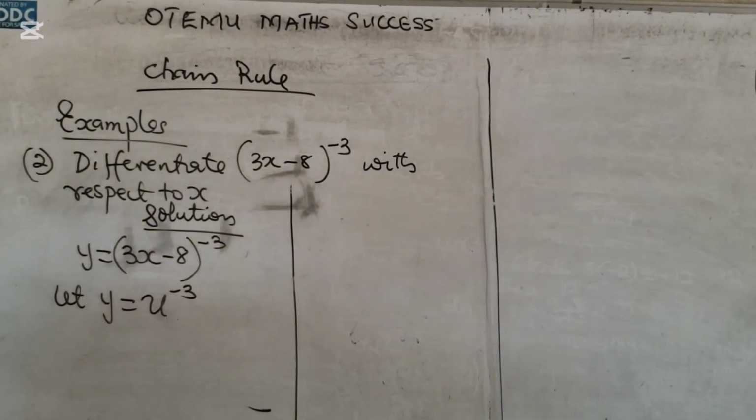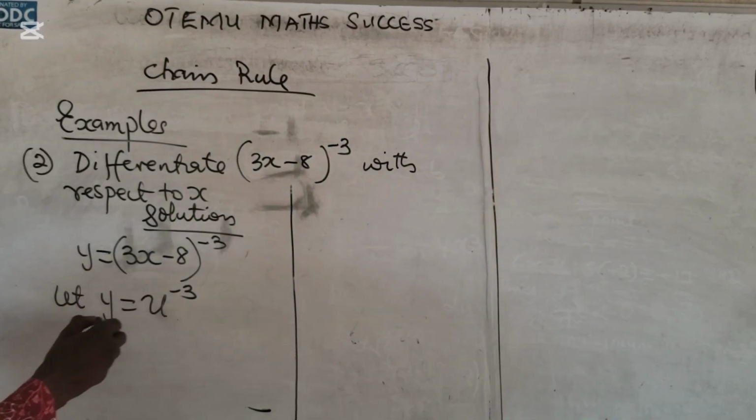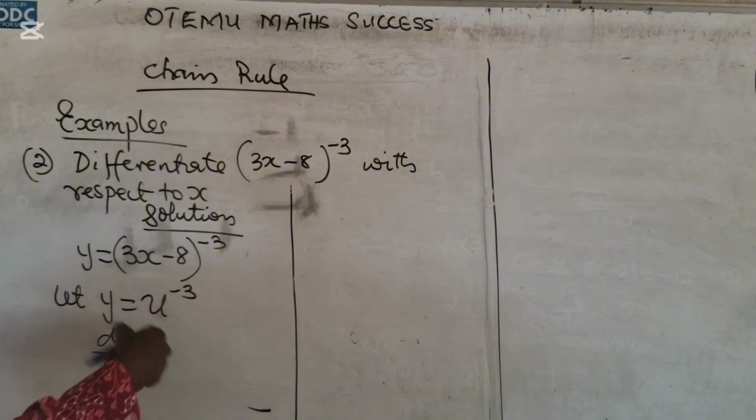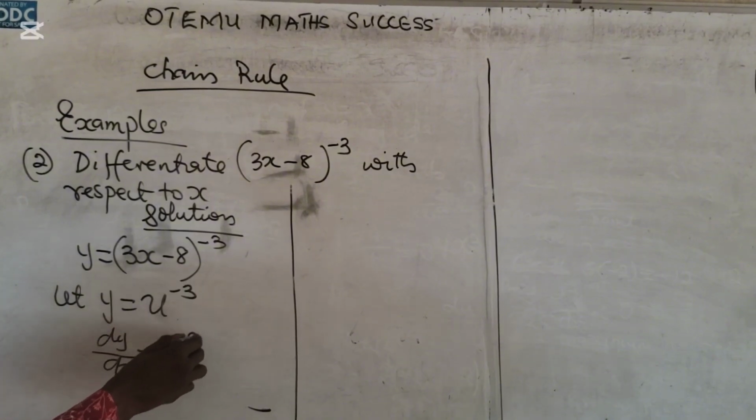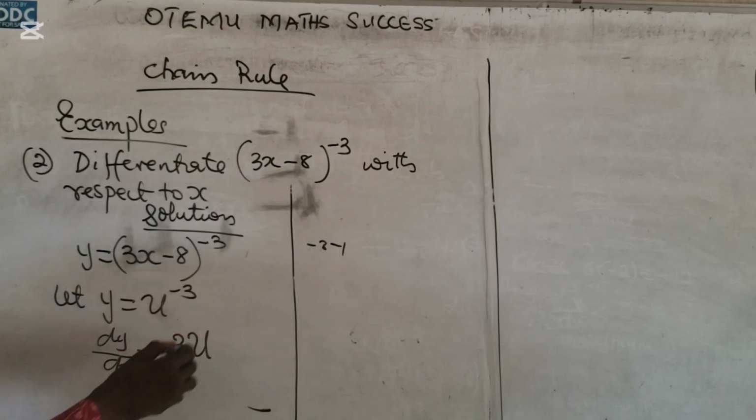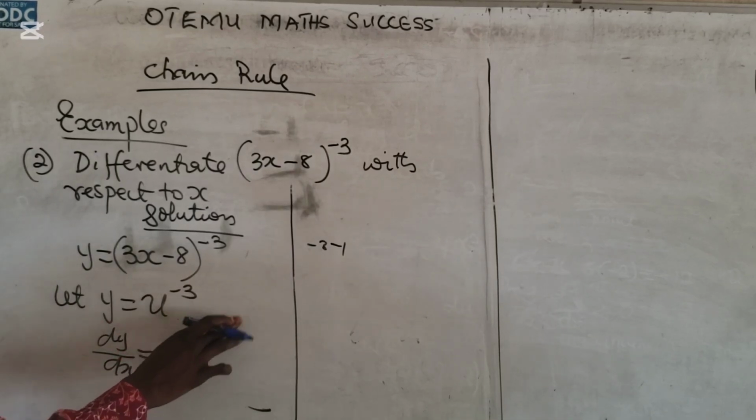So dy/du, when you differentiate, becomes minus 3u raised to power minus 3 minus 1, which gives us minus 4.